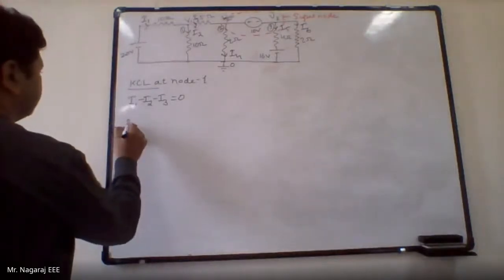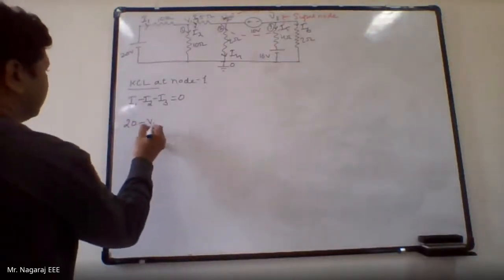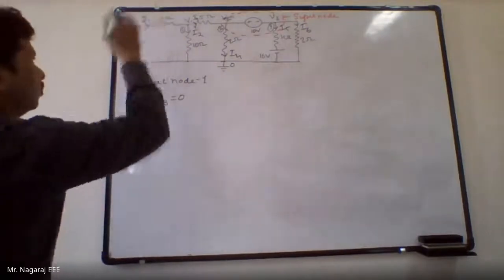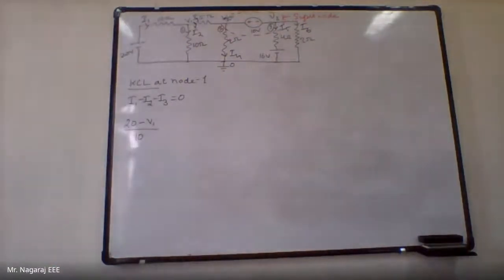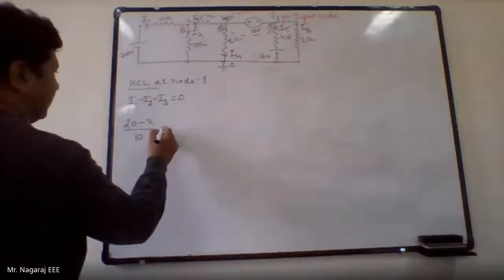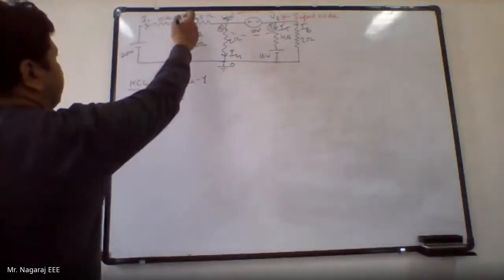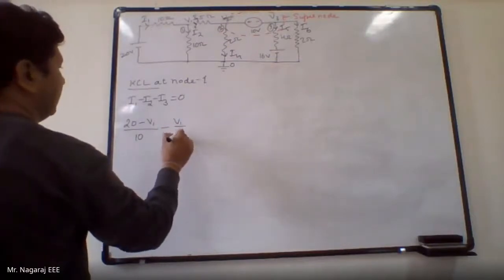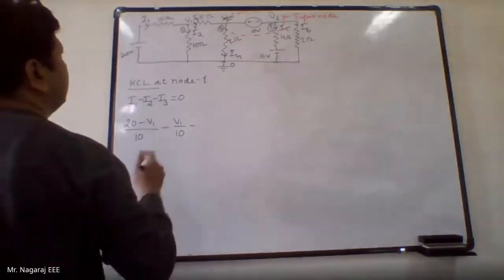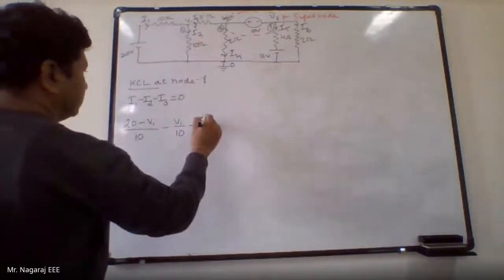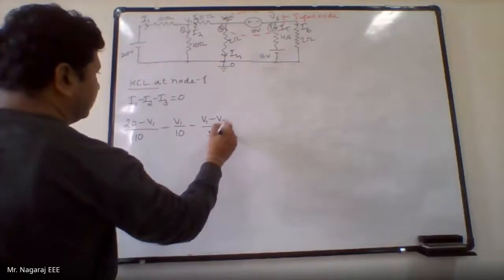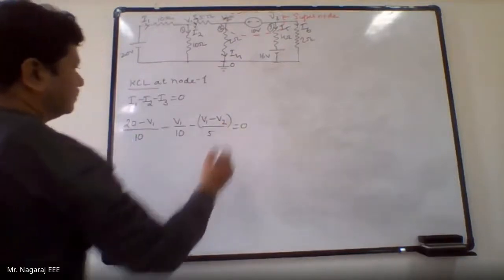I1 is 20 minus V1, as per the direction of current from 20 to V1. Minus I2, which is between V1 and ground, so minus V1 by 10. Minus I3, between V1 and V2, so minus V1 minus V2 divided by 5, equals 0.